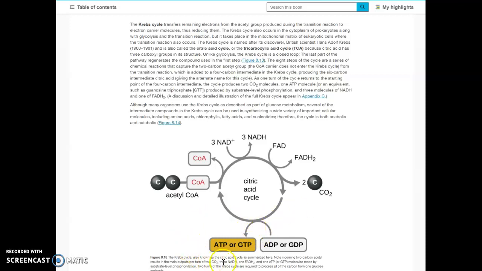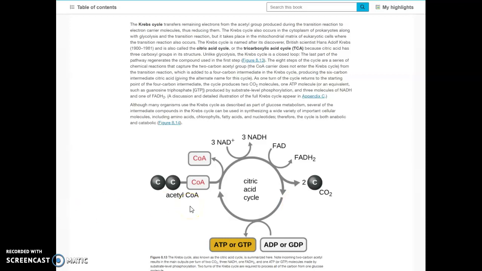And then we end up with 1 ATP. And this is a very simplified version. There are a lot more intermediate processes, intermediate molecules that are found here, and of course a lot of enzymes that are making these reactions occur.